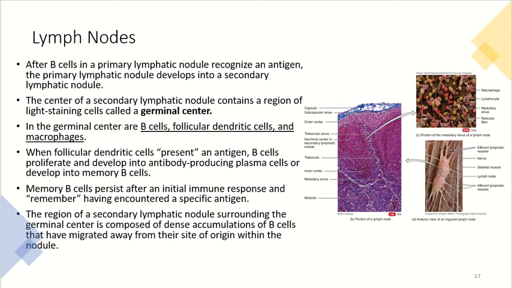The memory B cells are going to persist after an initial immune response and are going to remember having encountered that specific antigen. The region of a secondary lymphatic nodule that surrounds the germinal center is going to be composed of dense accumulations of B cells, and these are going to migrate away from their site of origin within that nodule.